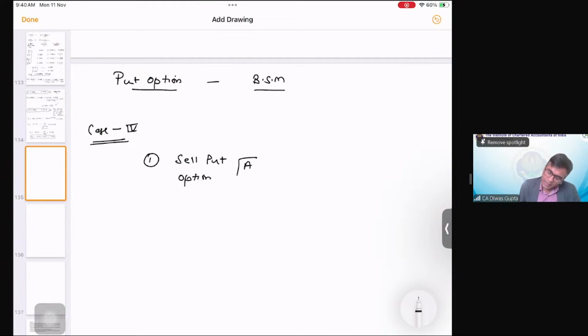This is A, and at the same time, since you are selling the put option, what other thing will you do in the equity market? You will have to sell the equity share in the spot market, correct?